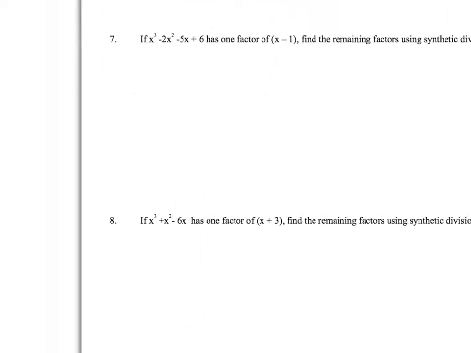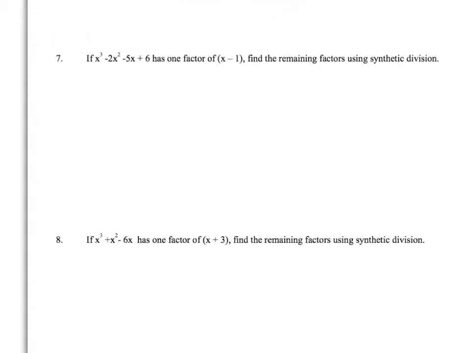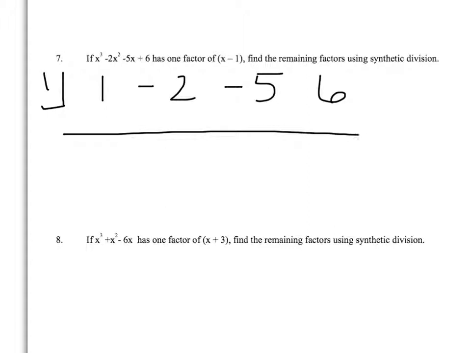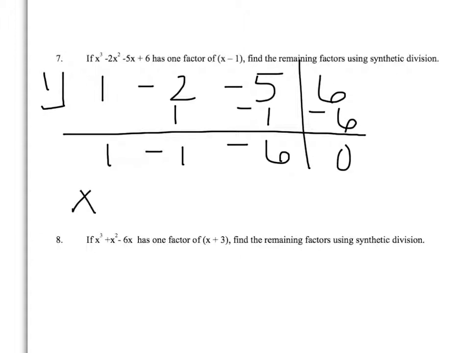Lastly, let's talk about doing the synthetic division. If I have a factor of x minus 1, that means I have a root of 1. Then I'm going to write all of my coefficients, remembering if I'm missing any terms to fill in with a 0, and then drop down and multiply, drop down and multiply, drop down and multiply. My depressed polynomial is x squared minus x minus 6.